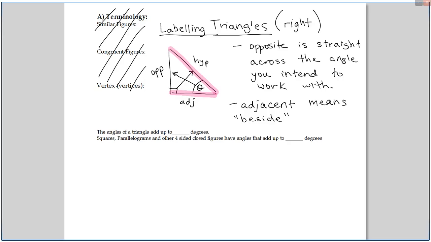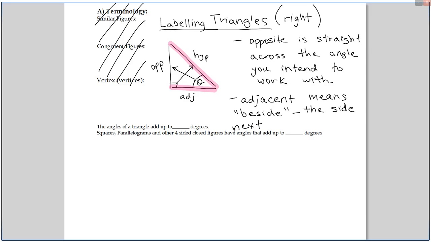So it's the side that's next to the angle, not the hypotenuse.